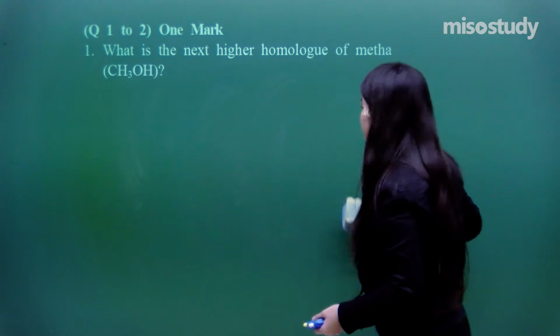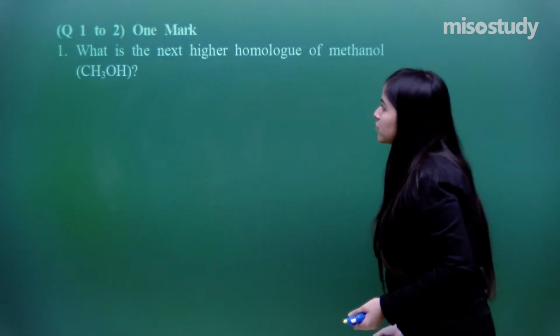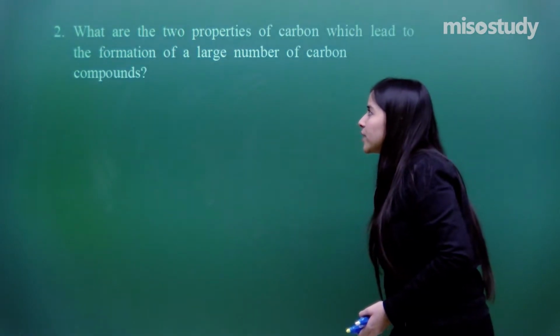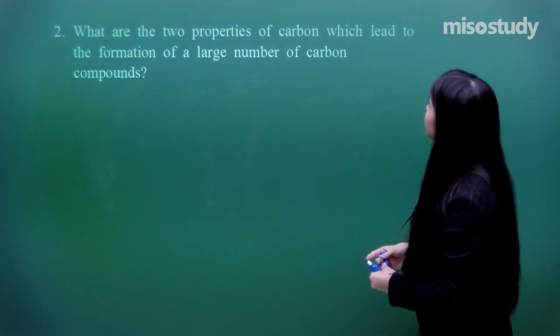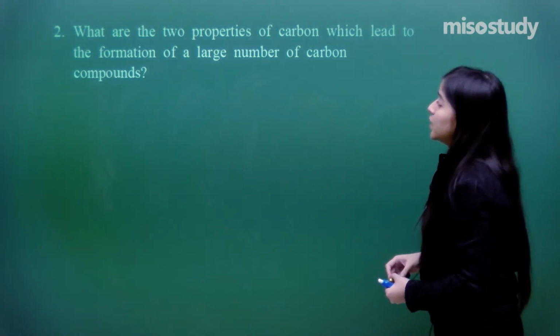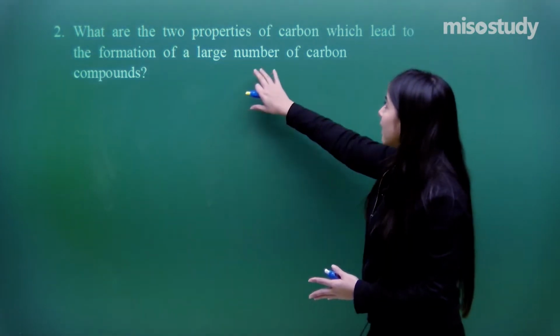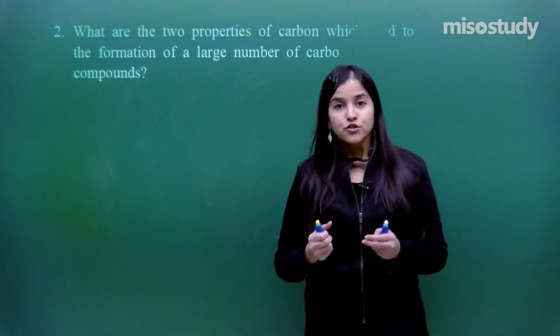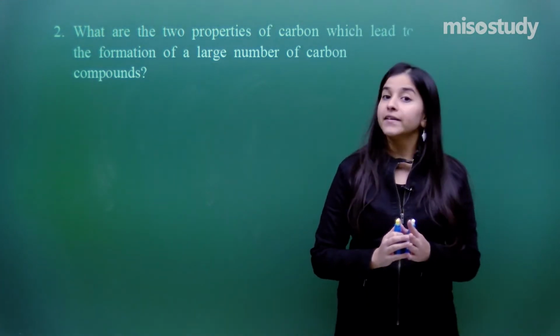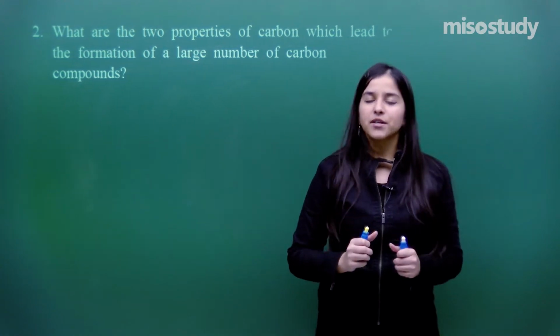So that was question number 1. Let's move on to question number 2. Again a 1 mark question. What are the 2 properties of carbon which lead to the formation of a large number of carbon compounds? Most of the things around yourself are made up of carbon.